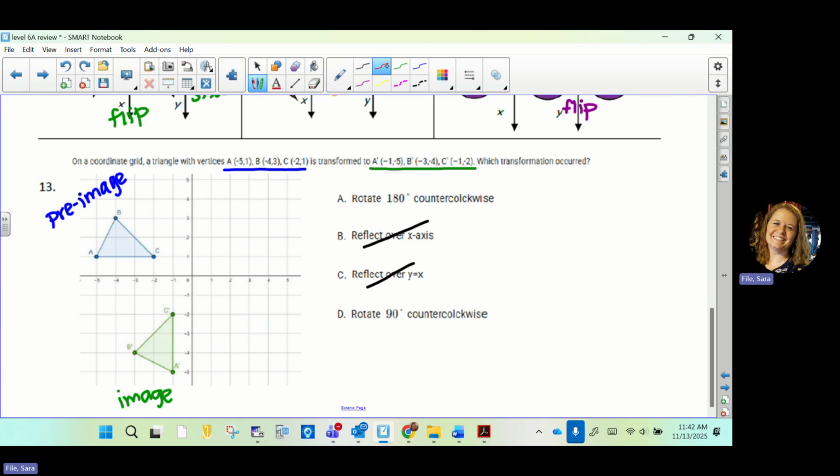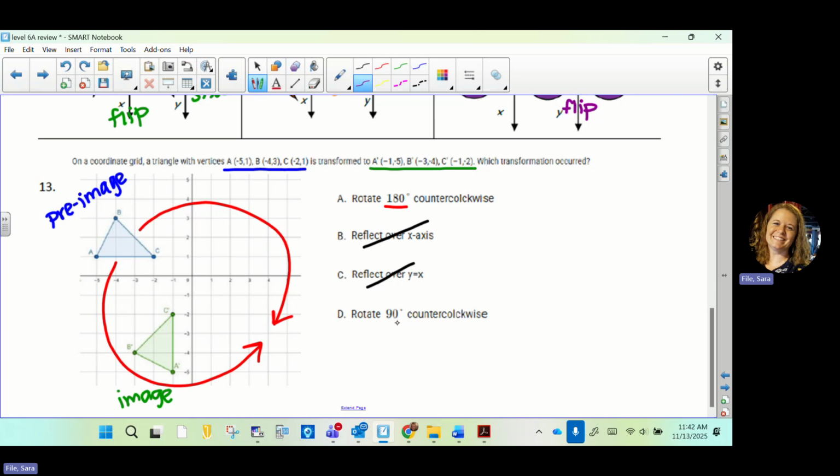Now remember, we talked about 180 degrees. It doesn't matter if it's clockwise or counterclockwise. 180 is half a circle. So if you go 180 degrees, you would end up in the opposite quadrant, whether you went this way or this way. So it's not a 180 degree rotation.